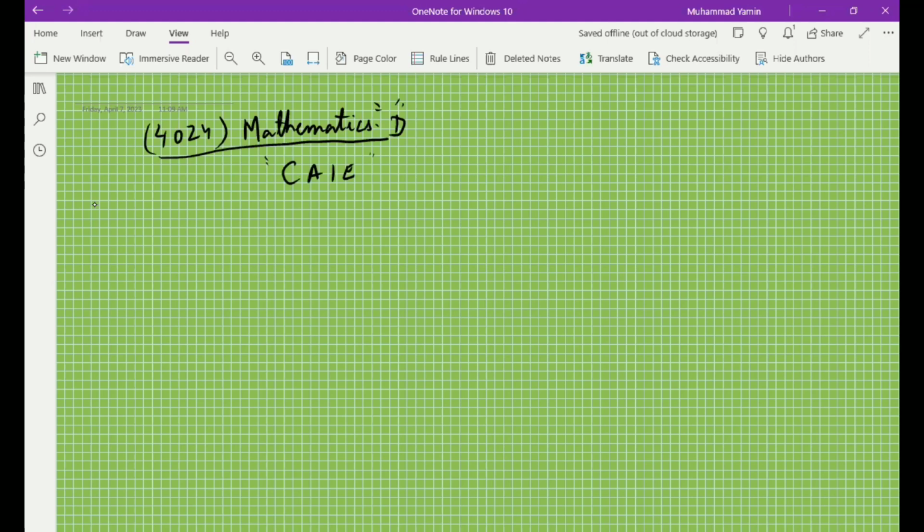When a mathematics paper is there, it comprises two papers, P1 and P2. P1 will have a time duration of 2 hours, and P2 will have a time duration of 2 hours and 30 minutes.